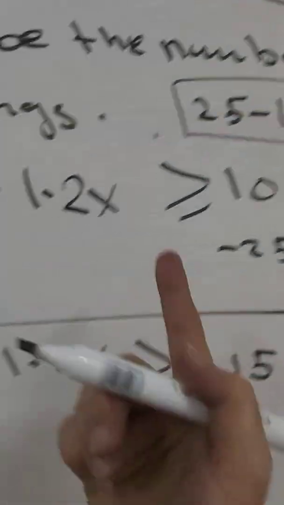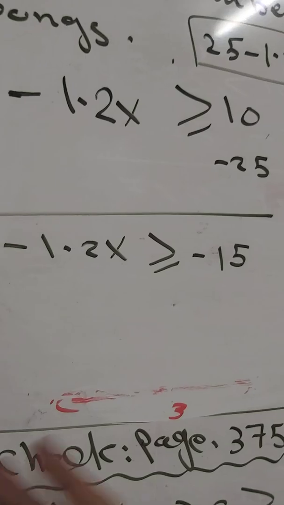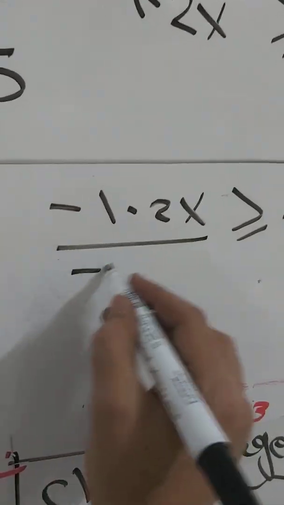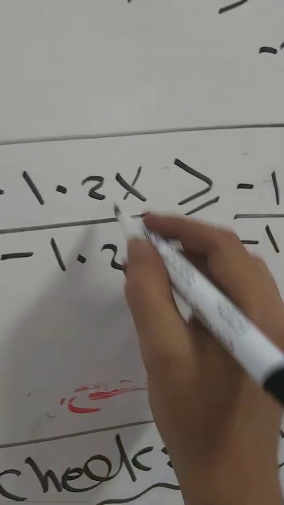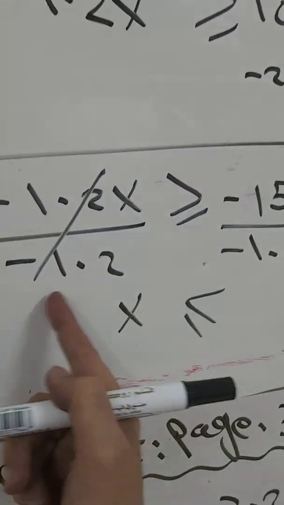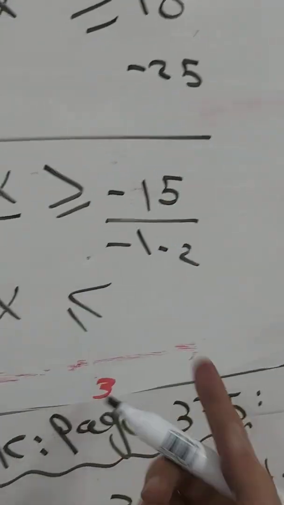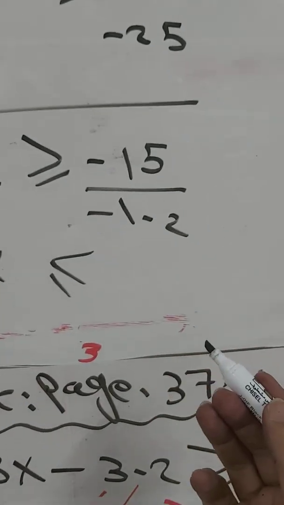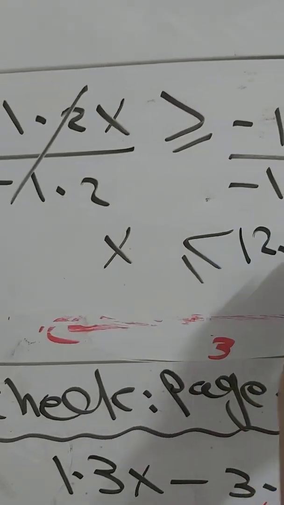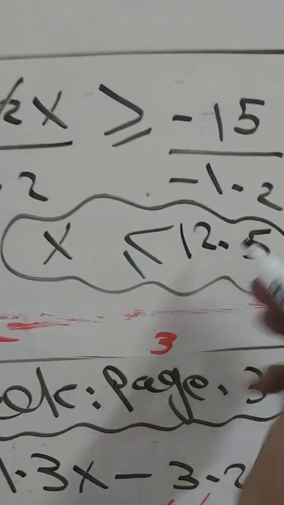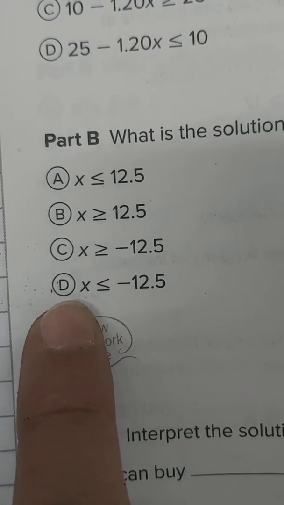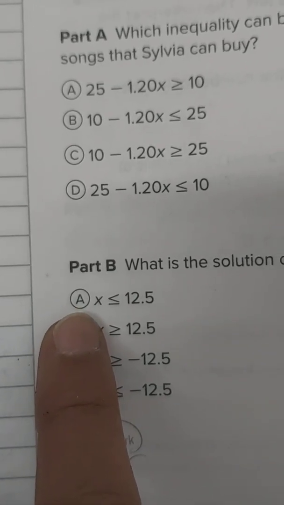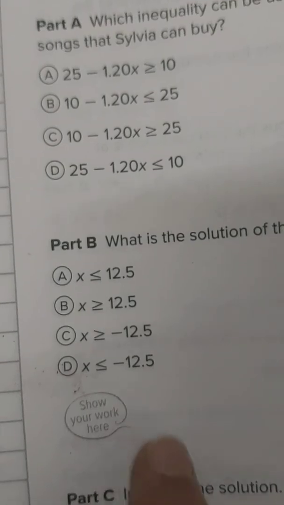Now we will divide both sides by negative 1.2. x will be less than or equal to, because I divide by a negative, I will switch it. 15 divided by 1.2 is 12.5. So x should be less than or equal to 12.5, which is choice A, not negative 12.5.